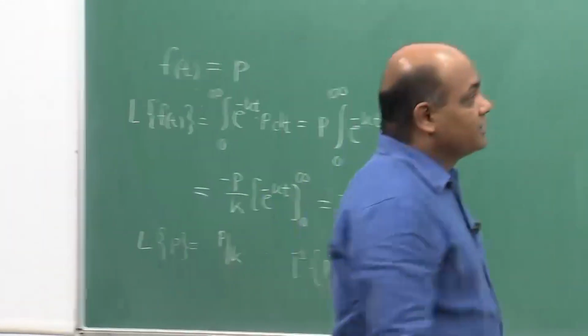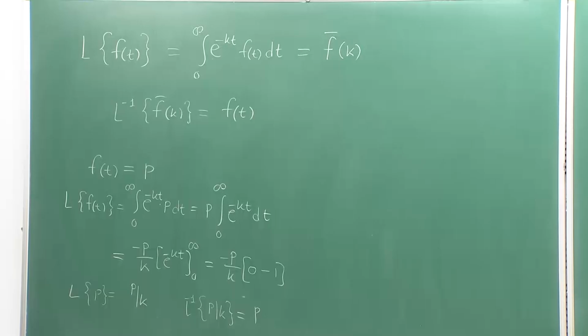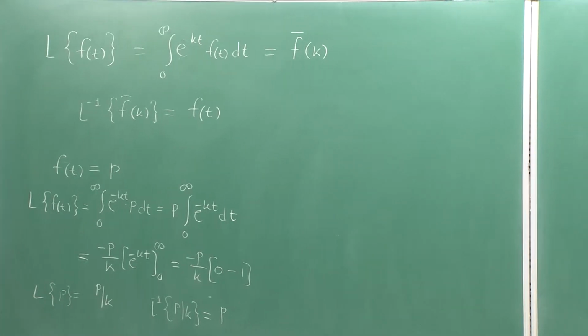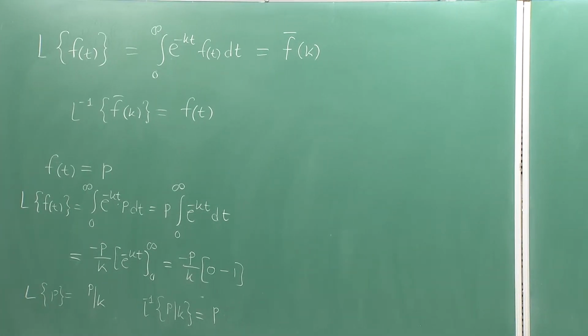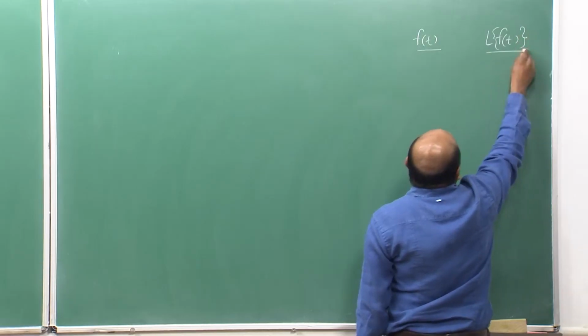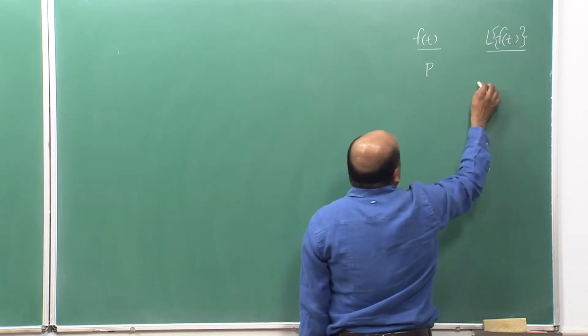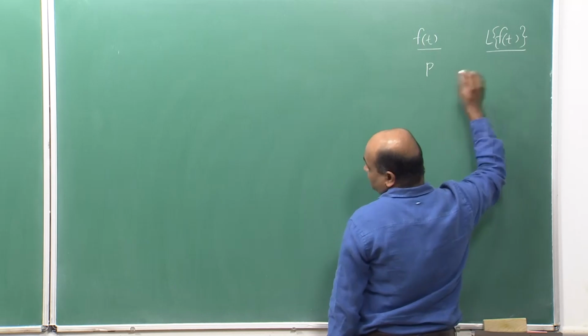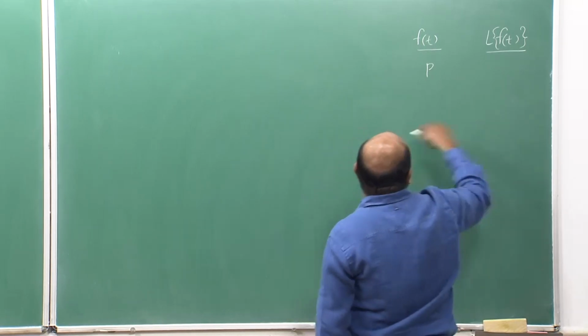Right. So, we will write down some of the Laplace transforms here on the right side. So, f of t and Laplace transform of f of t. So, if our f of t is p, Laplace transform of f of t is p by k.